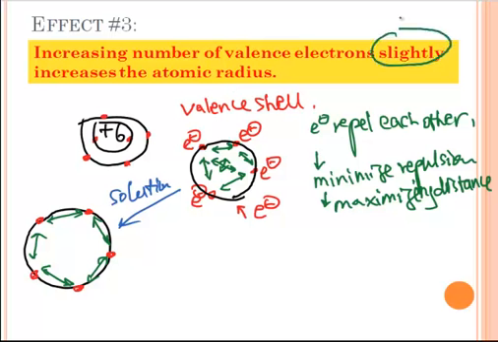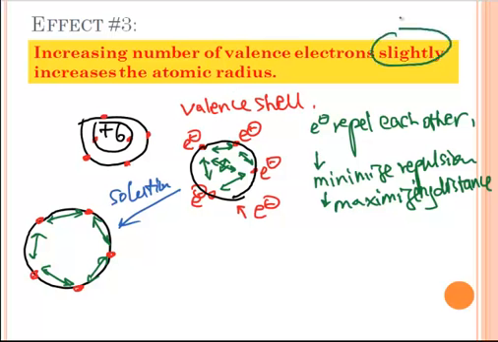Okay, so with that, to recap what has been discussed here, from the measured atomic radius, we observe the trends. For the same group or same family, from top to bottom, atomic radius increases significantly.